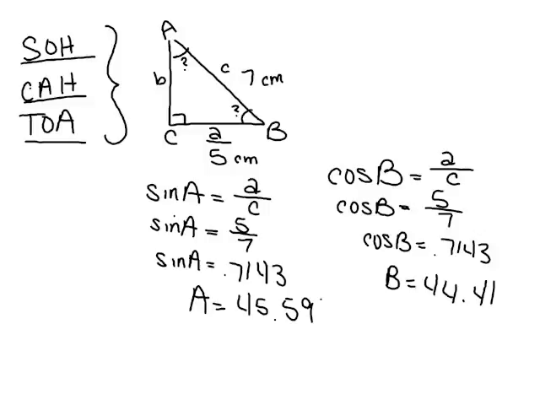Or I can go into my table on 179 and use the cosine column and find 0.7143. So the closest we're going to get to that is going to be between, again, 45-degree angle. My cosine value is 0.7071.